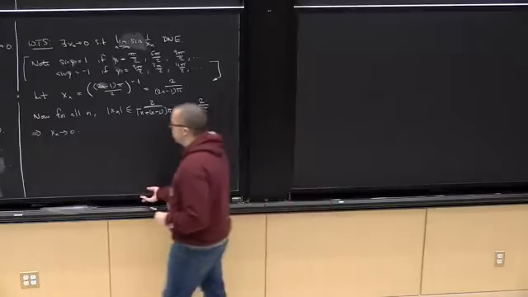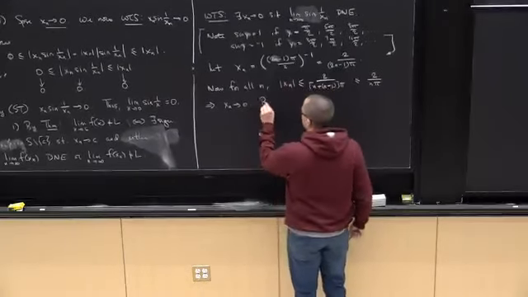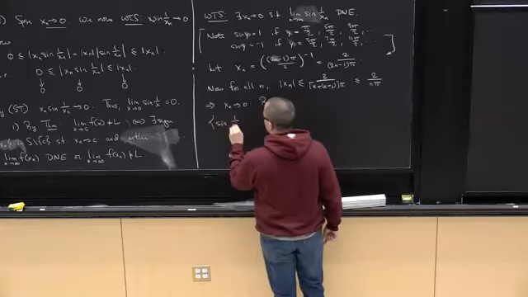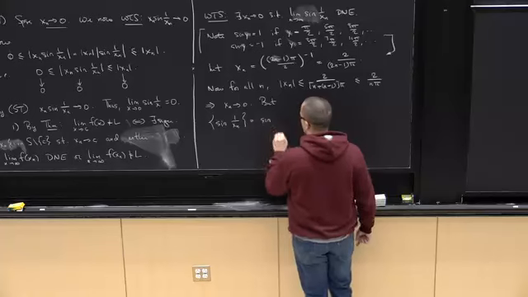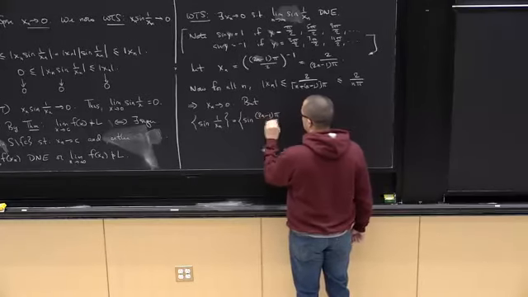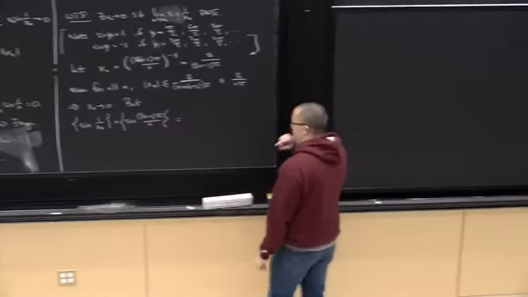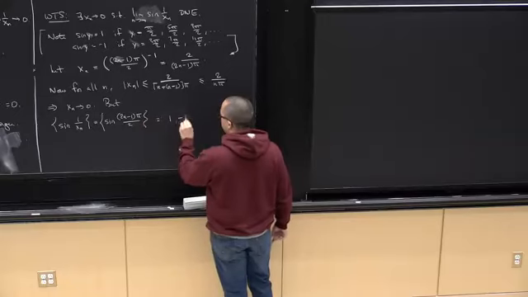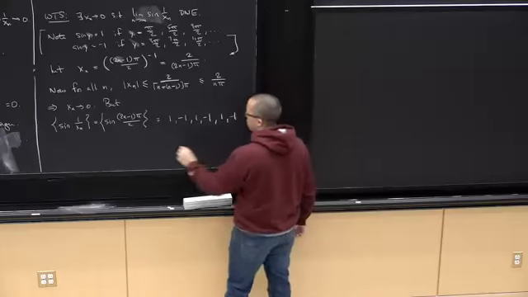But what happens when I plug this sequence into sine of 1 over x? This is now equal to sine of (2n minus 1) pi over 2. Okay? And this is therefore equal to 1, minus 1, 1, minus 1.